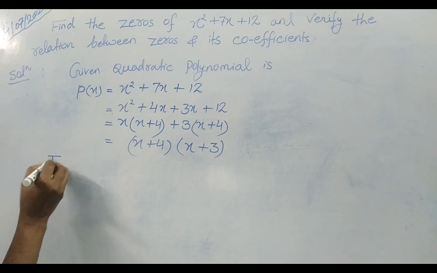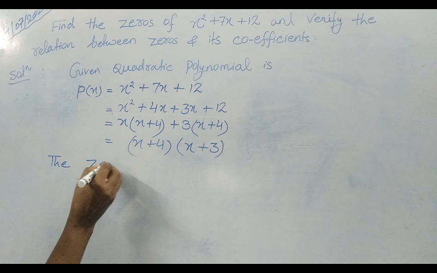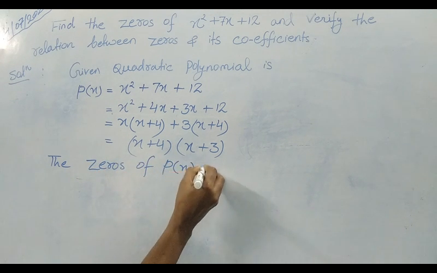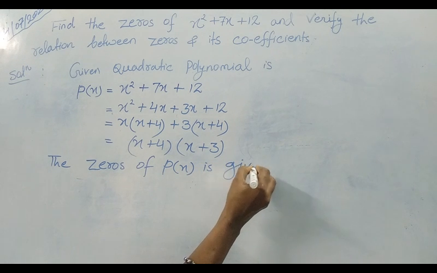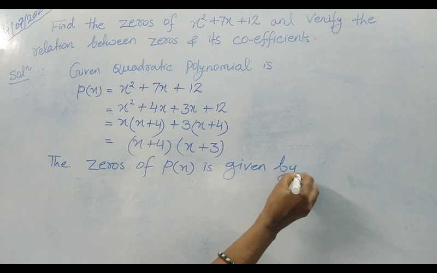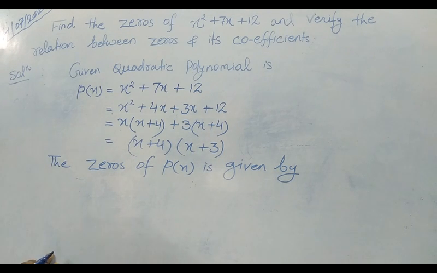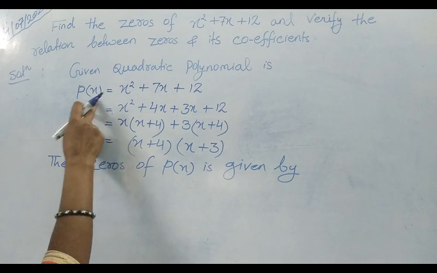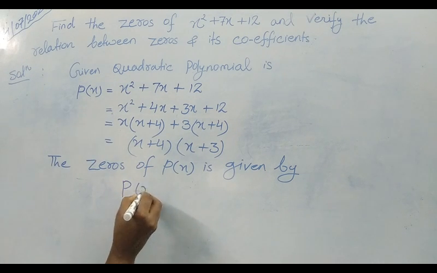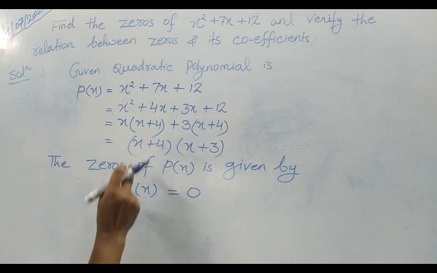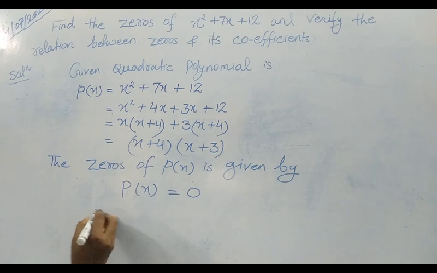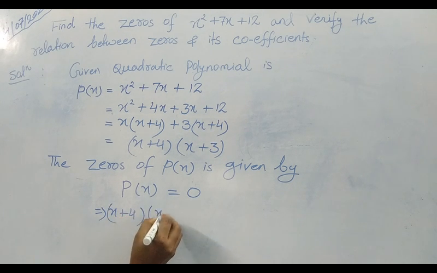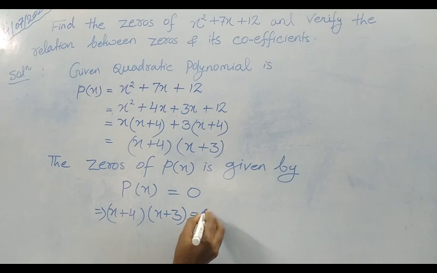So the zeros of p(x) are given by, how do we find out the zeros? By making the polynomial equal to 0. So if we take p(x) equal to 0, then the value of p(x) is (x plus 4)(x plus 3) equal to 0.